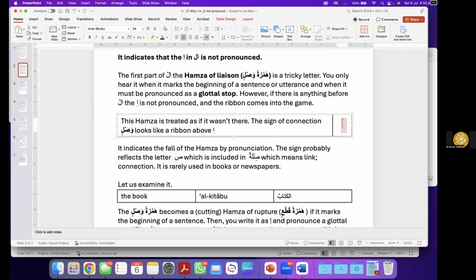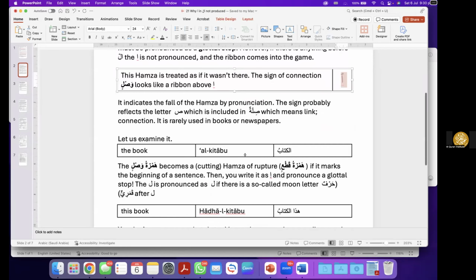Brother Muhammad must have explained this. Hamzatul Wasl, sometimes you will see it, and sometimes you will not see it. Sometimes just alif will be used for a short vowel, the short sound a. And long vowels are, as you know, which are the long vowels?